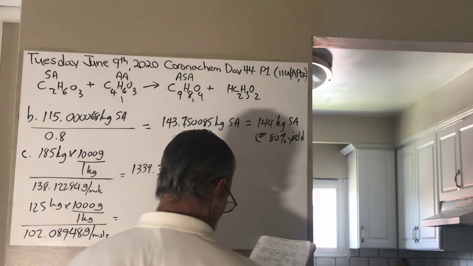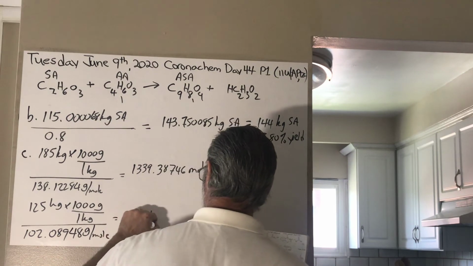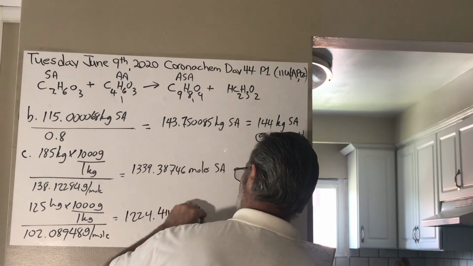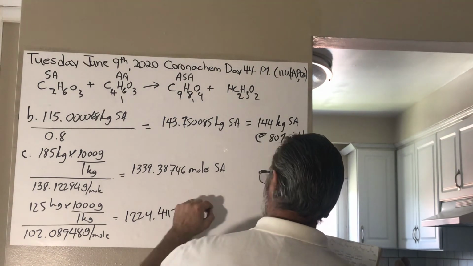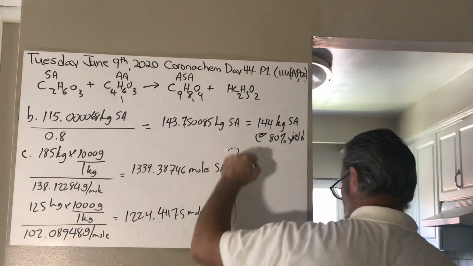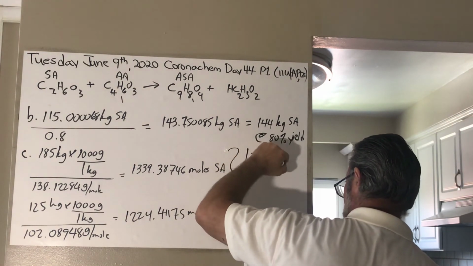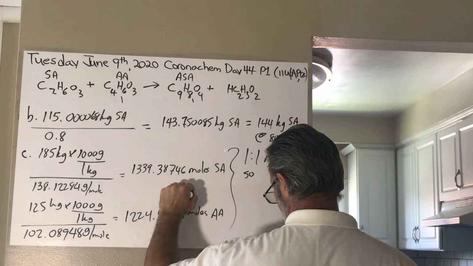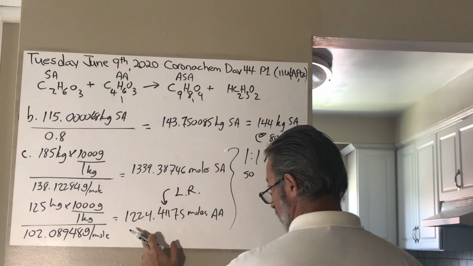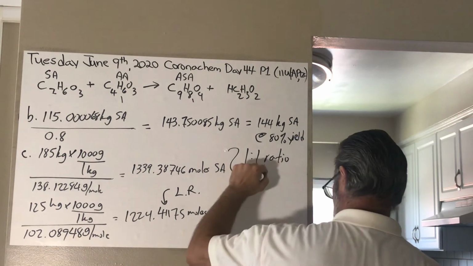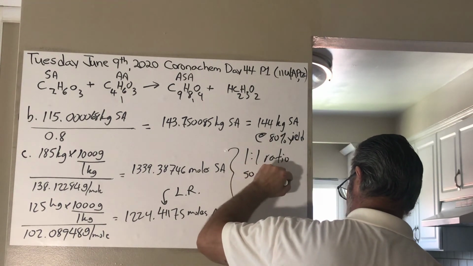So that means you have 1,224.41175 moles of acetic anhydride. Now, what did I say here? It's a 1-to-1 ratio in the reaction, so this is the limiting reactant because there's less moles of it. So AA is the limiting reactant.